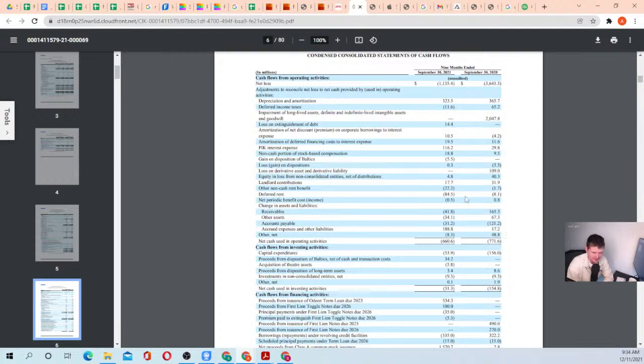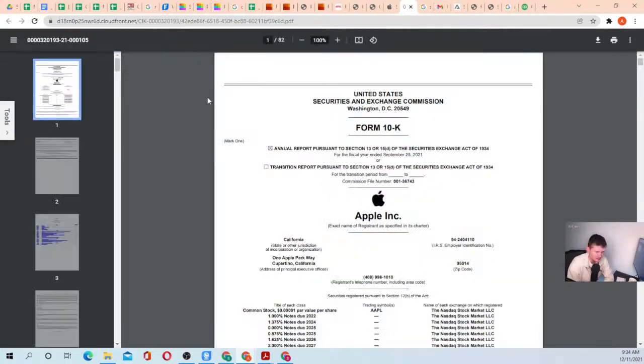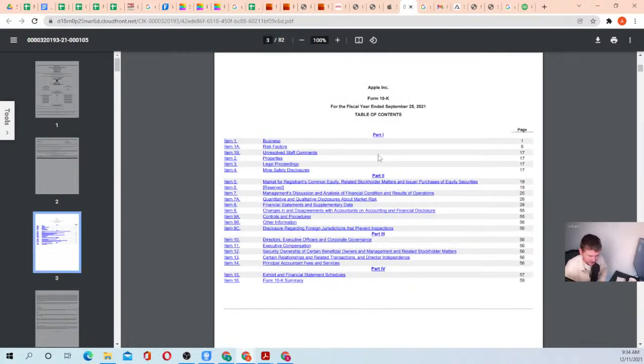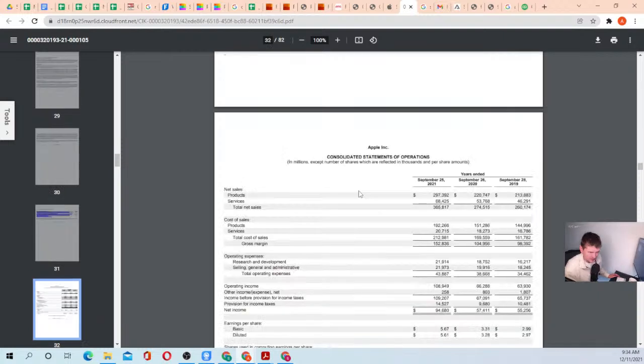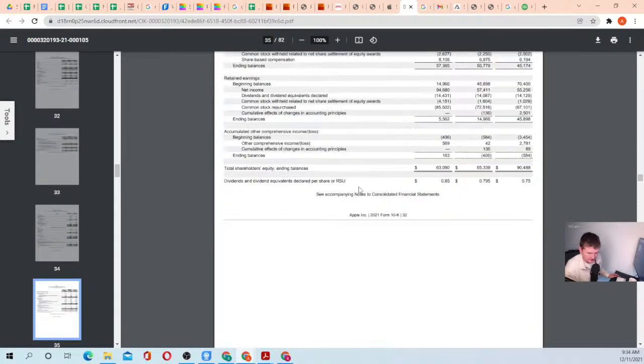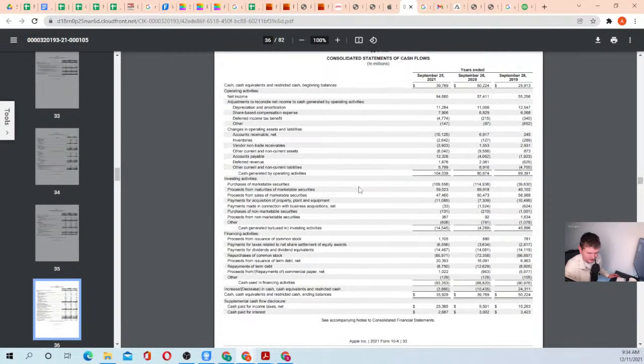And all of that happened because they had a lot of non-cash items in their income statement, mostly an impairment of long-lived assets. As we can see in the AMC case or in the Apple case, let me open Apple real quick. Financial statements and supplementary data. Cash flow.